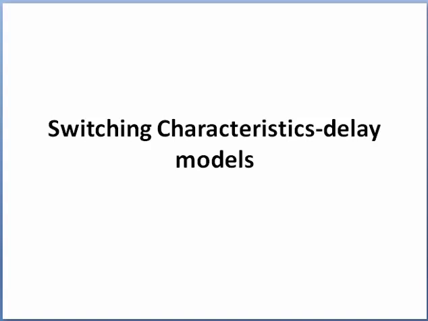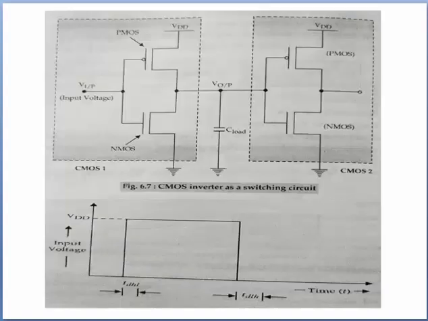Now first of all, the circuit of the switching characteristics of the CMOS inverter delay model. That is the circuit of a CMOS inverter as a switching device, in which two load capacitors are connected in parallel between two CMOS inverters. The switching speed of CMOS decreases because of the charging and discharging of the capacitive load, that is C load.